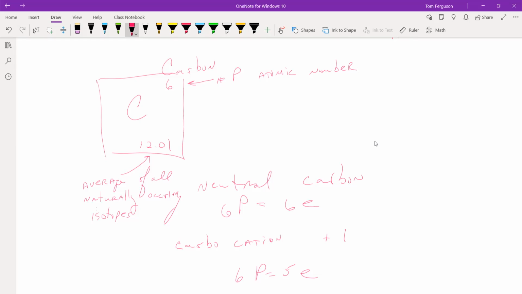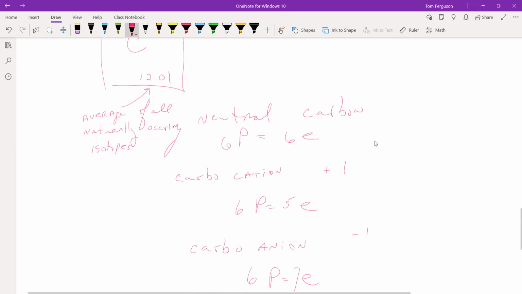They add up to 12.01. When you take an average, you always end up with a decimal number. That's where that decimal comes in there. So the next question is, what's an isotope?